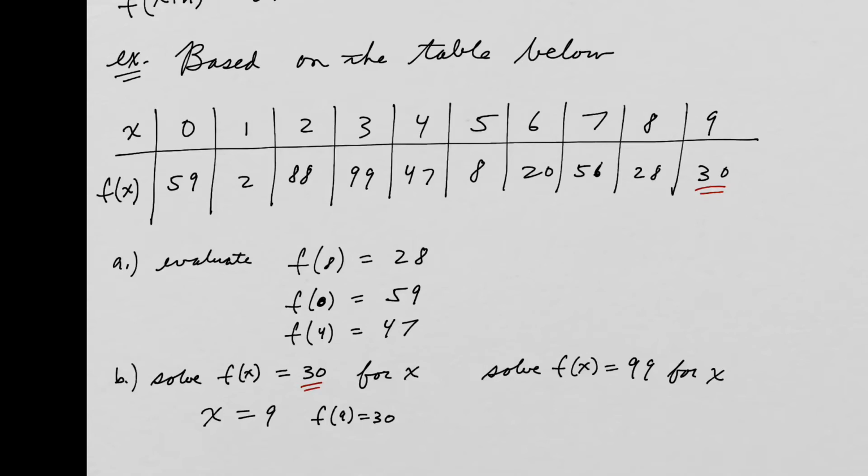And then solve f of x is equal to 99 for x. So this is saying I want my output to be 99, so I go to 99. Well, what was the corresponding input? It's 3, right? So I know that x must equal 3. Because basically I'm saying that f of 3 gave me the 99, so x must be 3.